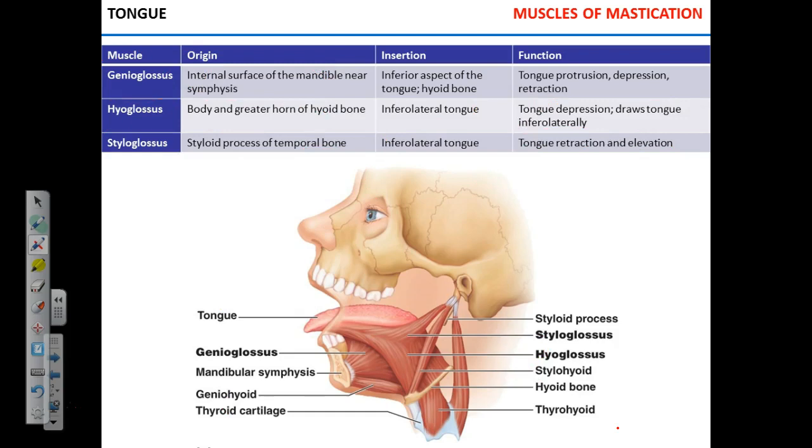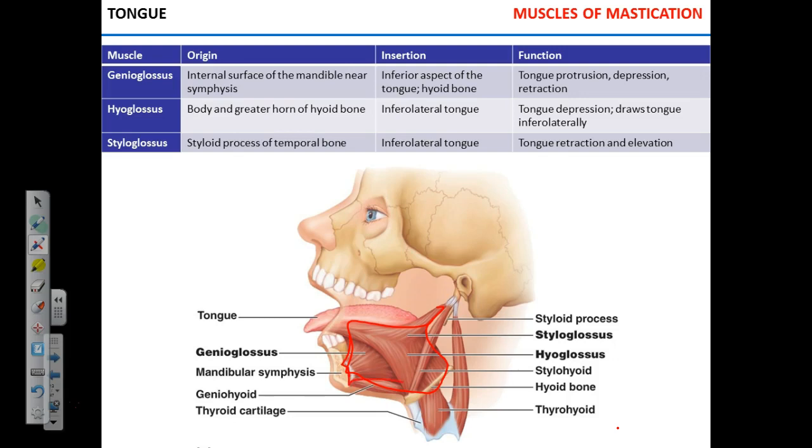Now, muscles of the tongue. Tongue is actually the strongest muscle of your body itself. Well, all those muscles actually form the tongue. So all 3 of them together, if you normalize the force they can produce to their weight, they are the strongest muscles. There are 3 glossus muscles that we're going to be talking about.